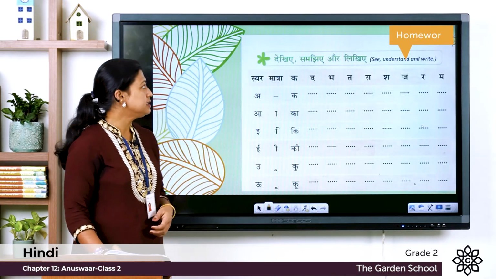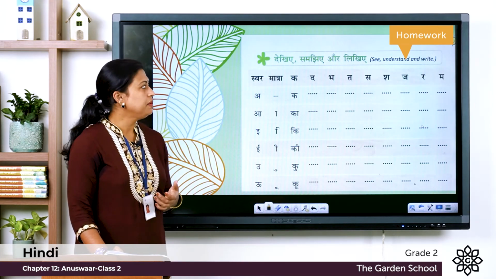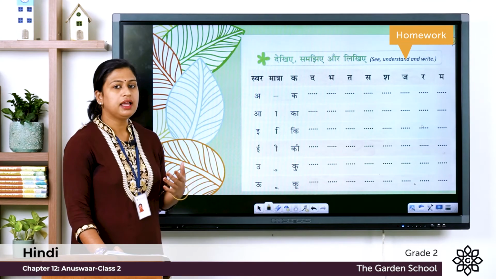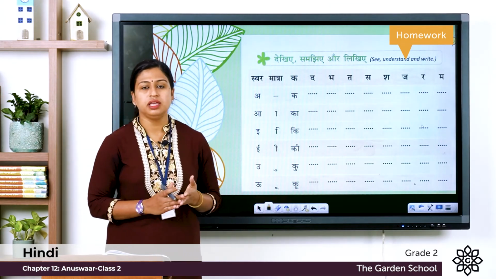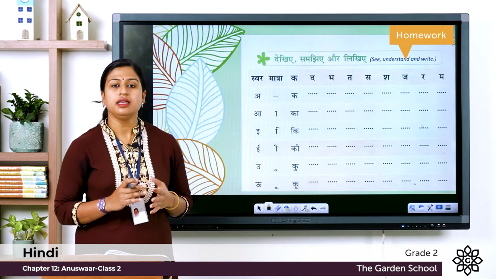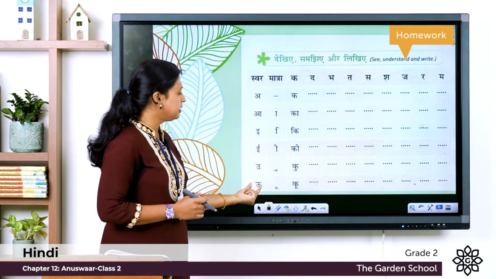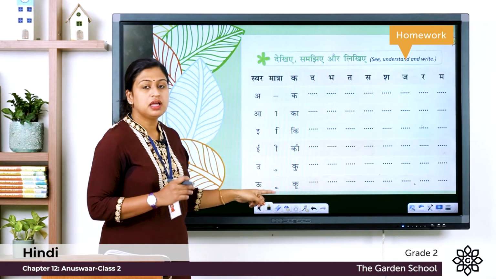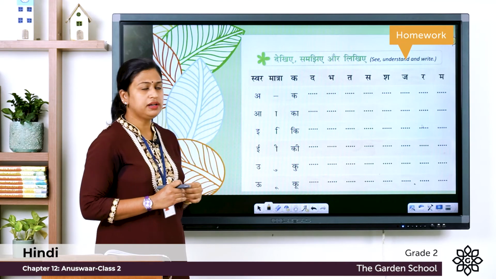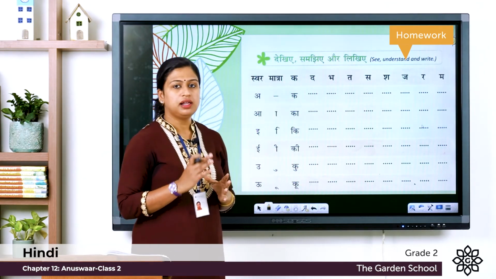Here the question is देखिए, समझिए और लिखिए. That means see, understand and write. So we have already discussed about the swar letters and their symbols. Here you can see the swar letters, the first column, second column matra, that means the symbols of these swar letters. And here you can see the Vyanjan letters.